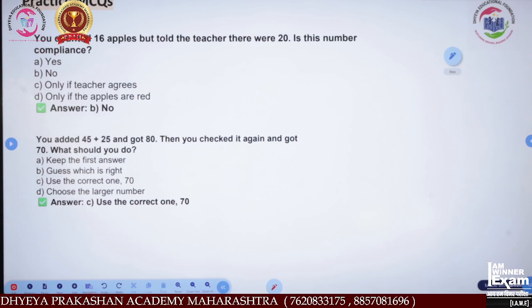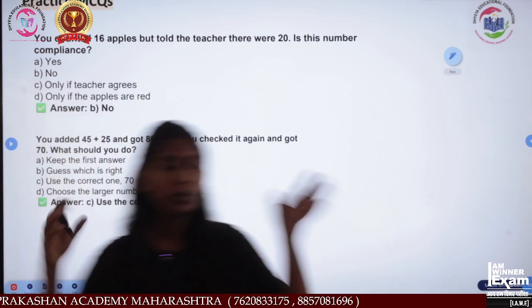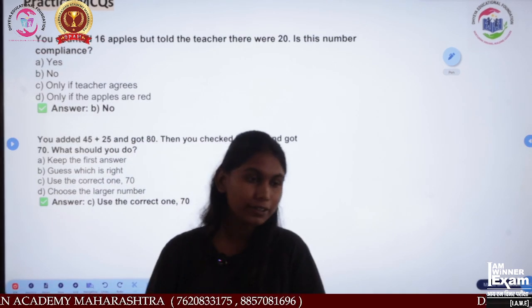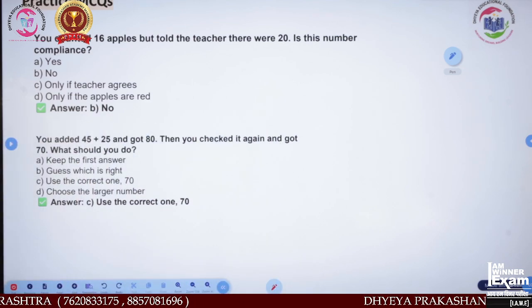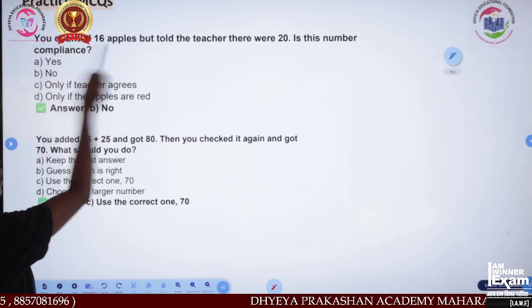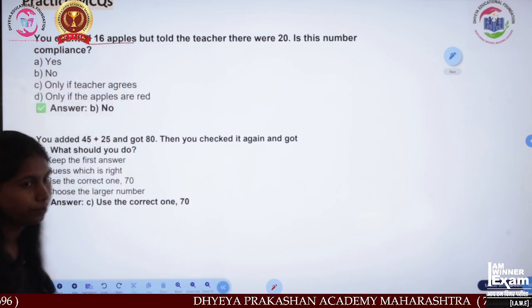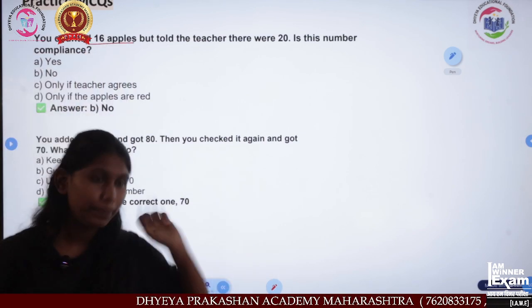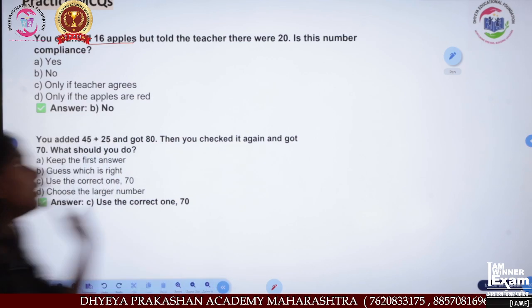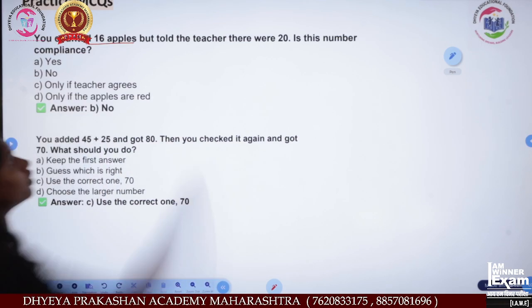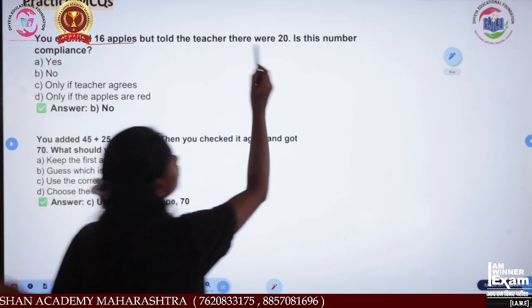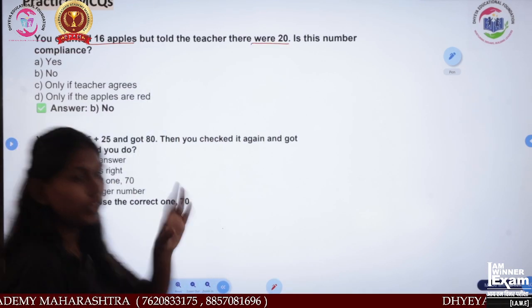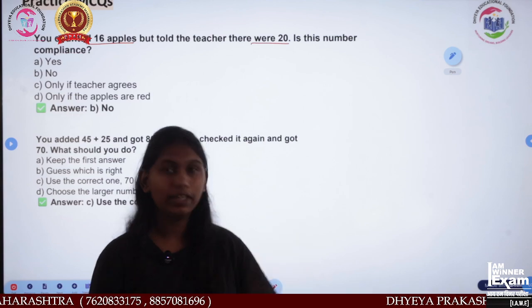So next, let's start solving some questions related to numerology. Now this is the first MCQ. You counted 16 apples. Suppose there are some apples in the basket, there are 20 apples.